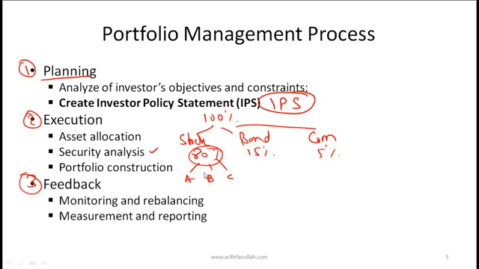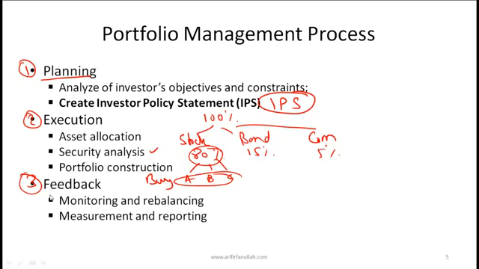So that's security analysis. And then we actually construct the portfolio. So once we know what we need to buy for the investor, we then actually go construct the portfolio, which means that we actually then buy these assets or invest in these assets. So that's the execution process.